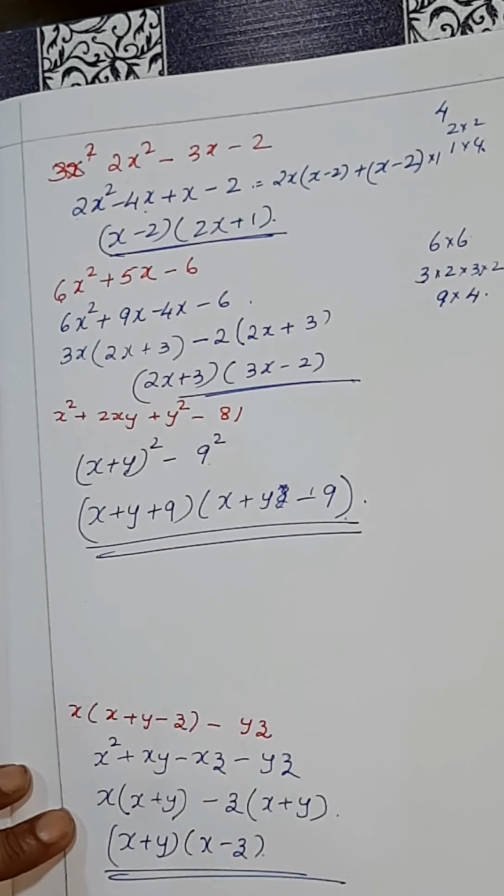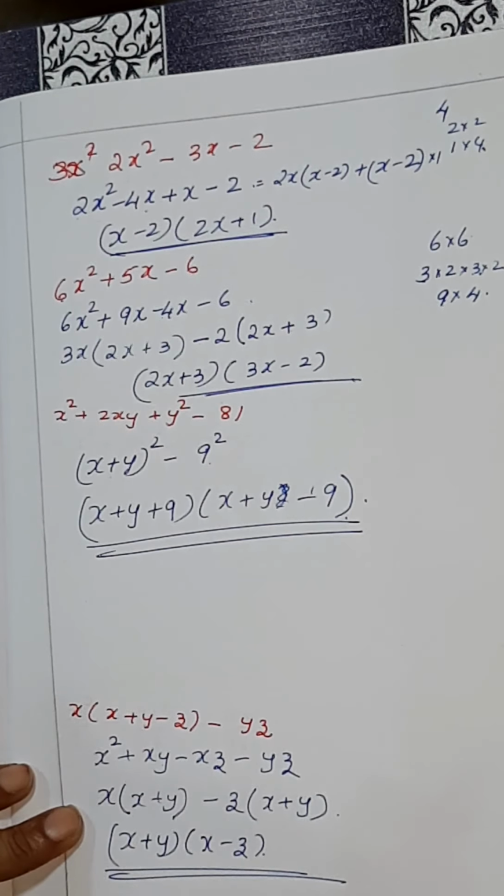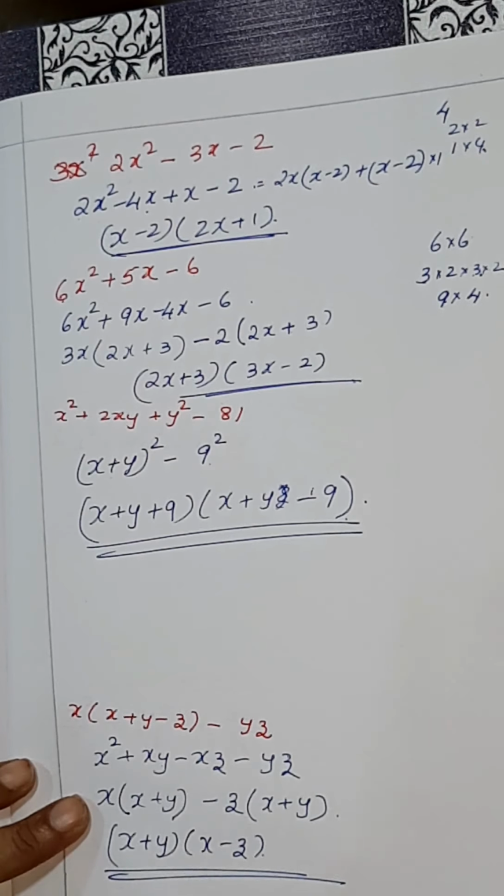So here it is minus and here your constant term is plus. So if the constant term is positive, your factors can be both positive or both negative. That is very important. So here, since this is negative, both the factors have to be negative.